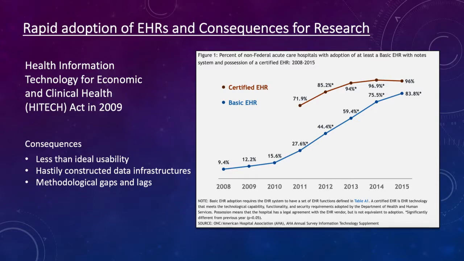The other thing that this rapid expansion caused was, I think, hastily constructed data infrastructures within healthcare organizations. That has a couple of consequences. One, they may not have the ability to do some of the data processing that you would like, specifically with very high volume, high velocity data, like cardiac monitoring.